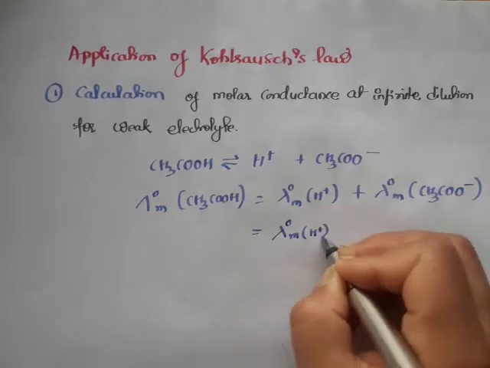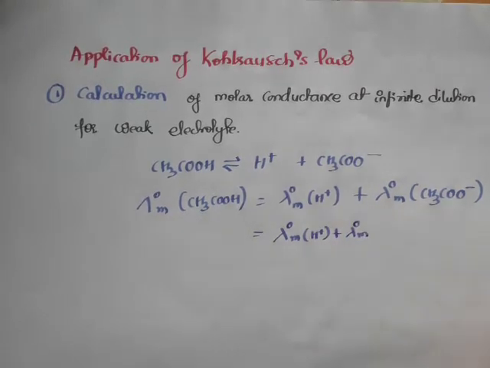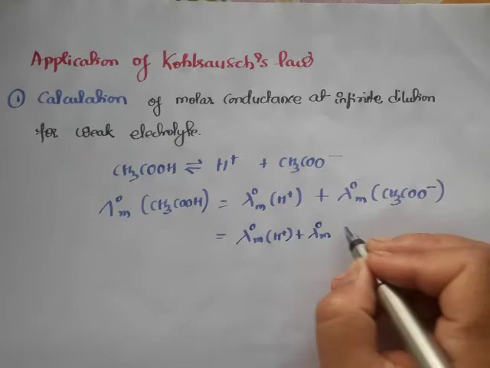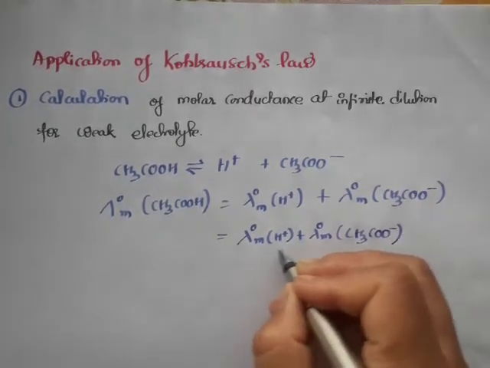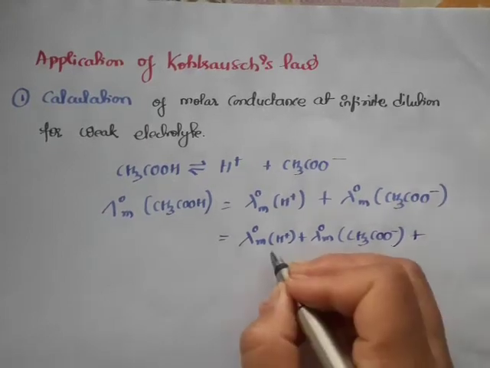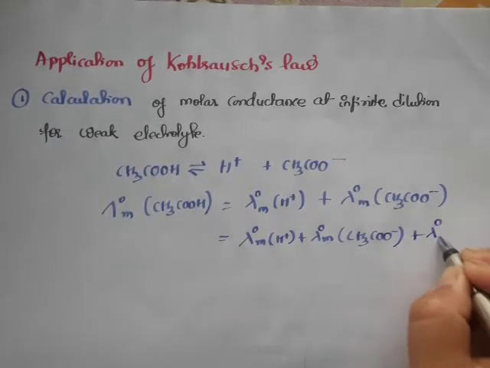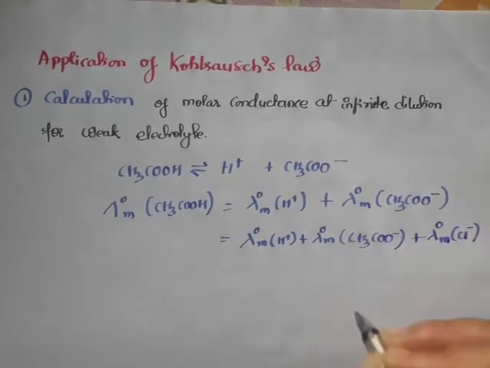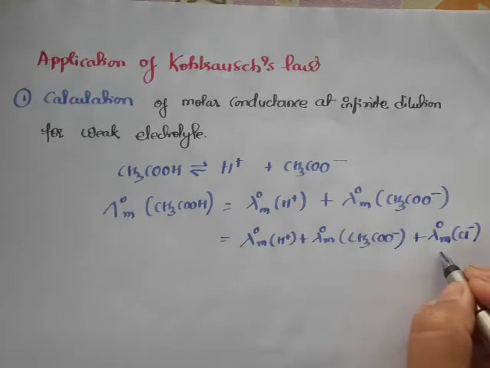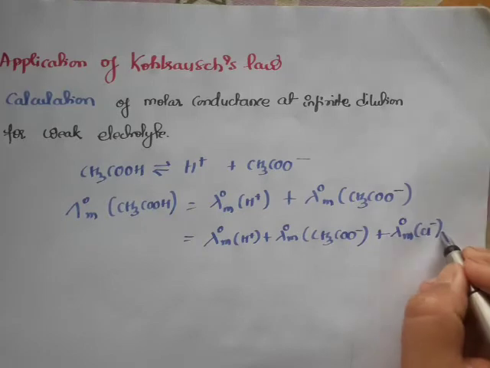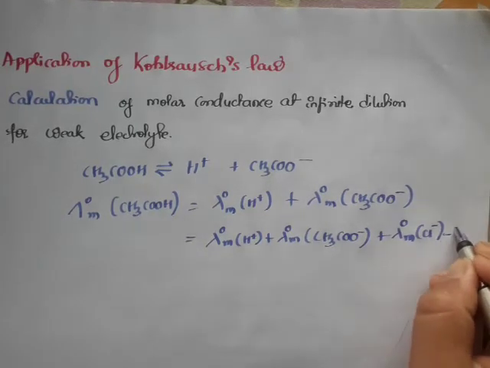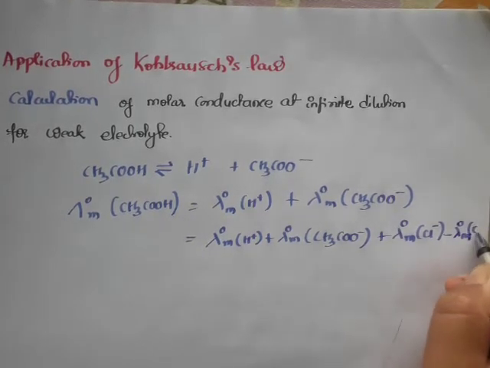H plus can come from HCl, so the next ion is Cl minus. So we can add the limiting ionic conductance of Cl minus, and subtract it, minus lambda naught m of Cl minus ion.